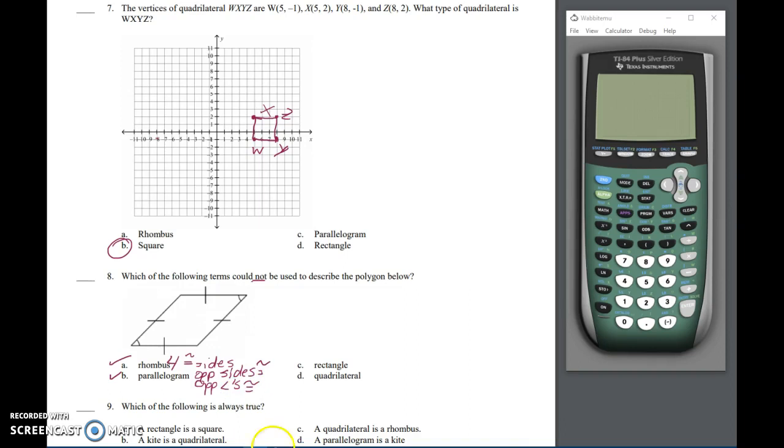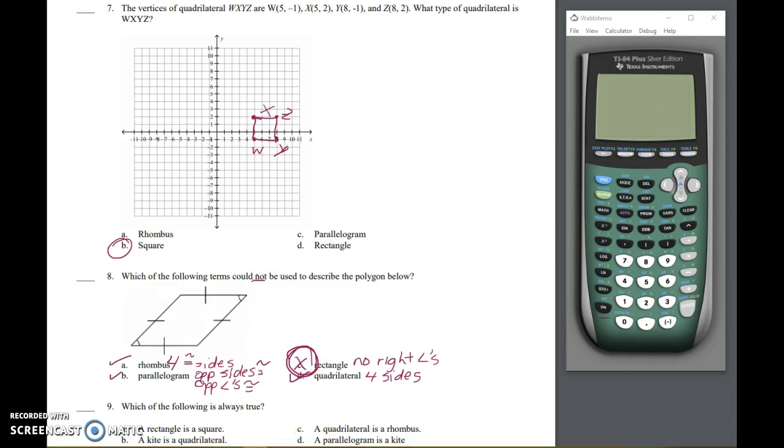A rectangle. I don't think so. A rectangle requires right angles, and I don't see any right angles. Quadrilateral, yes, it does have 4 sides. So, which one cannot be used? That would be the rectangle, because it doesn't have any right angles.